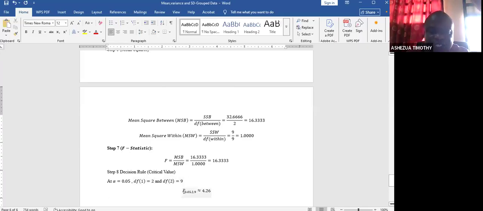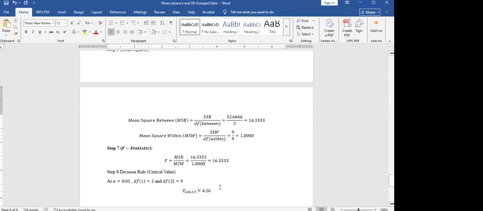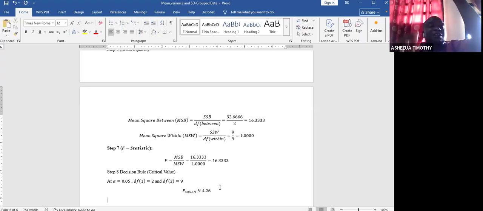Now, when you go to your F statistical table at 0.05 level of significance, you will see degree of freedom this way, and you will see the level of significance this way. That's why on the table you see a slash.